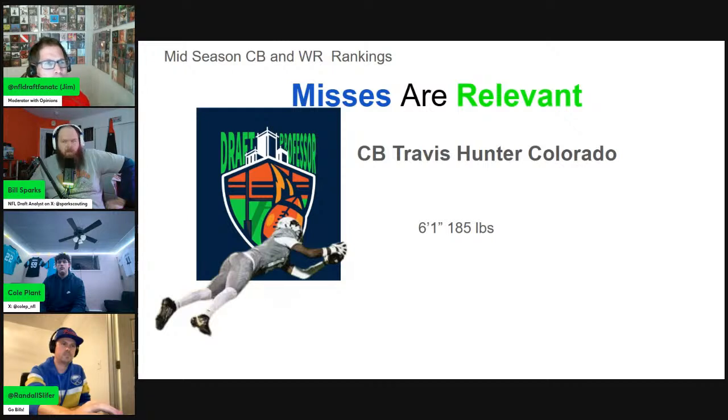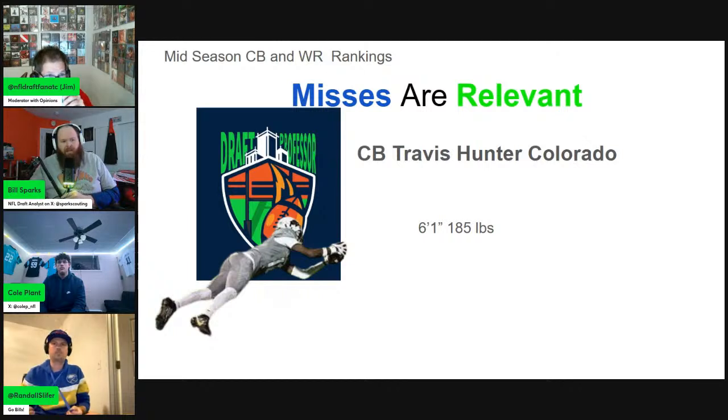So I will tell you this, his size, 6'1", 185, some people might think it's a little bit of a detriment, but the last time a corner around that size and height-weight range got to go, you've got to go back to 1999. 7th overall, the Washington Redskins selected Champ Bailey, who is my comp for Travis Hunter.